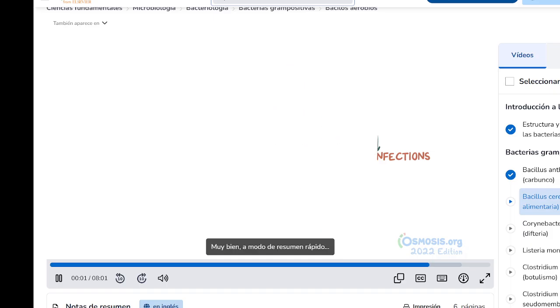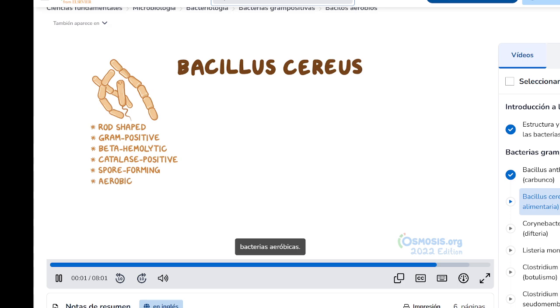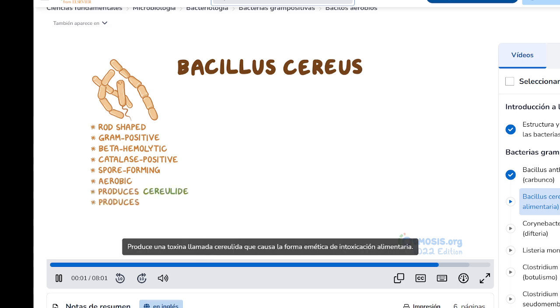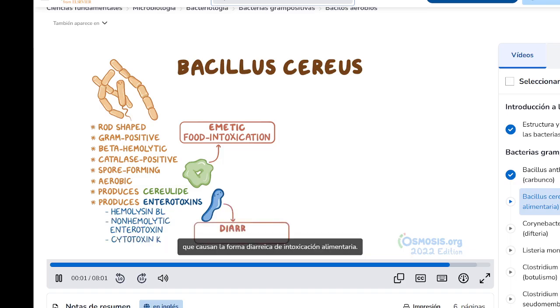Alright, as a quick recap. Bacillus cereus is a rod-shaped, gram-positive, beta-hemolytic, catalase-positive, spore-forming aerobic bacteria. It produces a toxin called cereulide, which causes the emetic form of food intoxication, and 3 enterotoxins, called hemolysin BL, non-hemolytic enterotoxin, and cytotoxin K, which cause the diarrhea form of food intoxication.